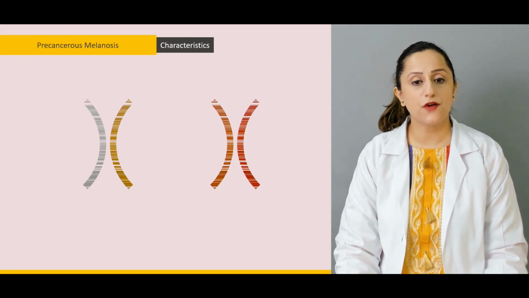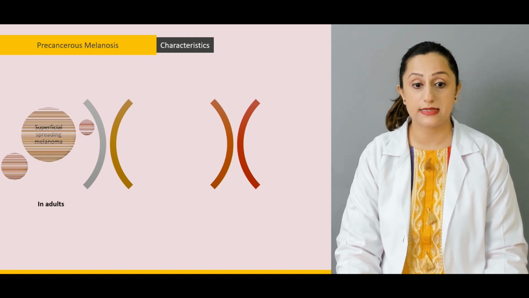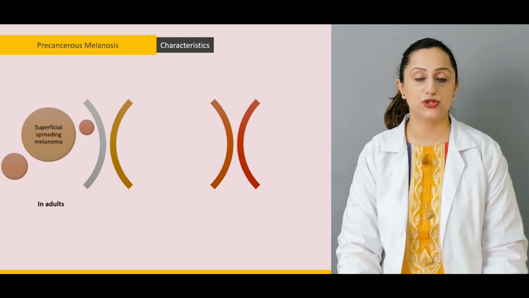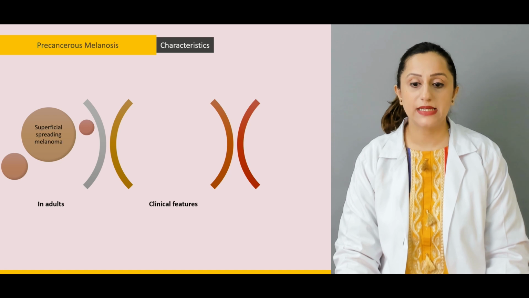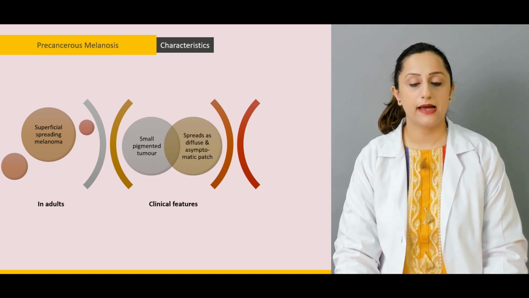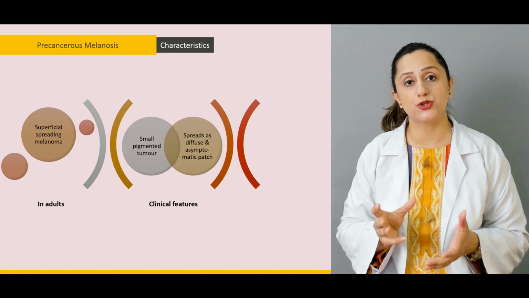The characteristics of the precancerous melanosis would basically consist in adults. It would be a superficial spreading melanoma that the patient is suffering from. The clinical features would be it's a small pigmented tumor and it spreads as a diffuse and asymptomatic patch. So it's usually not a raised patch that we're talking about.